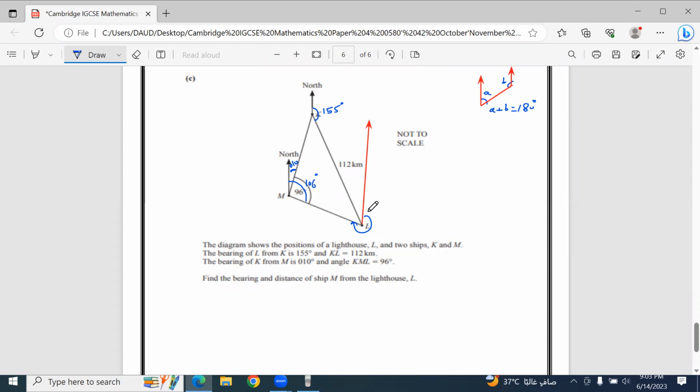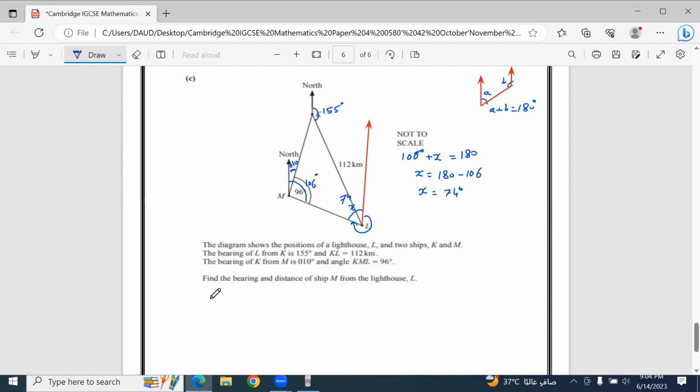Here one angle is 106, and the other angle which we are looking for, let's suppose is X. So we can say that 106 plus X equals 180. So X equals 180 minus 106, which gives me 74. So this one is 74.